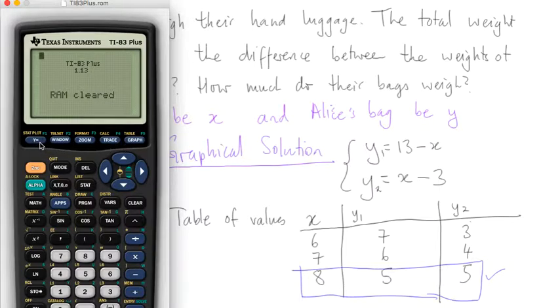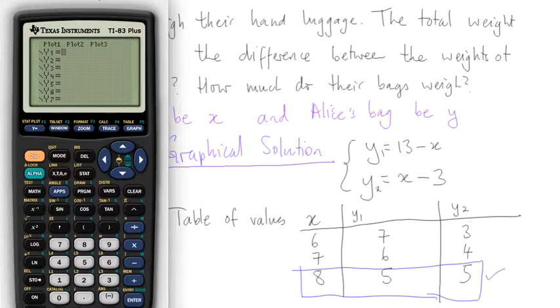So you go to your y equals, you plug in the equation of the first line, which is 13 minus x, and then the second one is x minus 3. Graph them, and there you go. I'm just going to change the window.